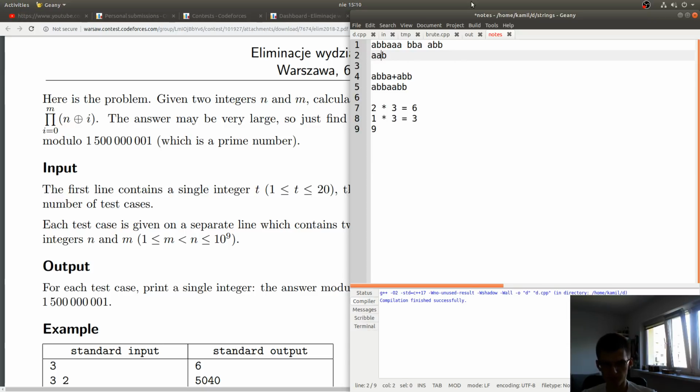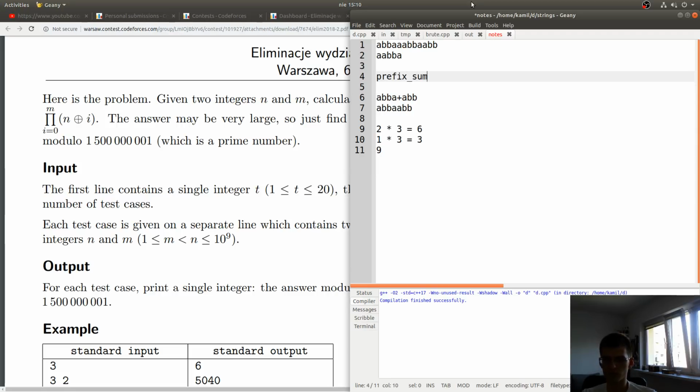So when we have some small string and a long string, we can do dynamic programming, or let's call it a prefix sum of size n times n, where n is the size of the longer string. So for every prefix here, in the first dimension, and for every prefix here, we would know what is the number of prefixes that would end with exactly this string.